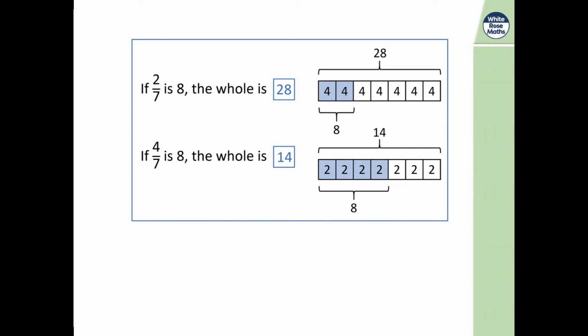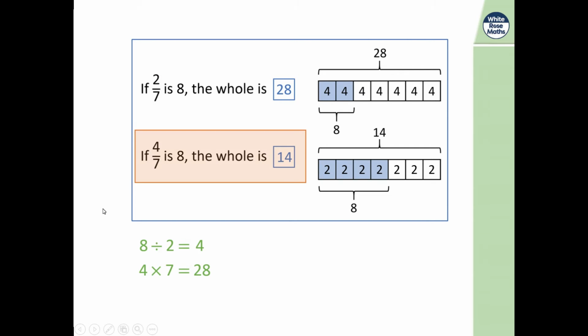Let's take another look at these 2 examples and examine the calculations we needed to do to find the missing quantities. In the first example, we know that 2/7 is equal to 8. So to find 1/7, we took 8 and divided it by 2 to get 4, which is the value of one of the sevenths. Then we multiplied that 4 by 7 to find the whole amount, which is 28.